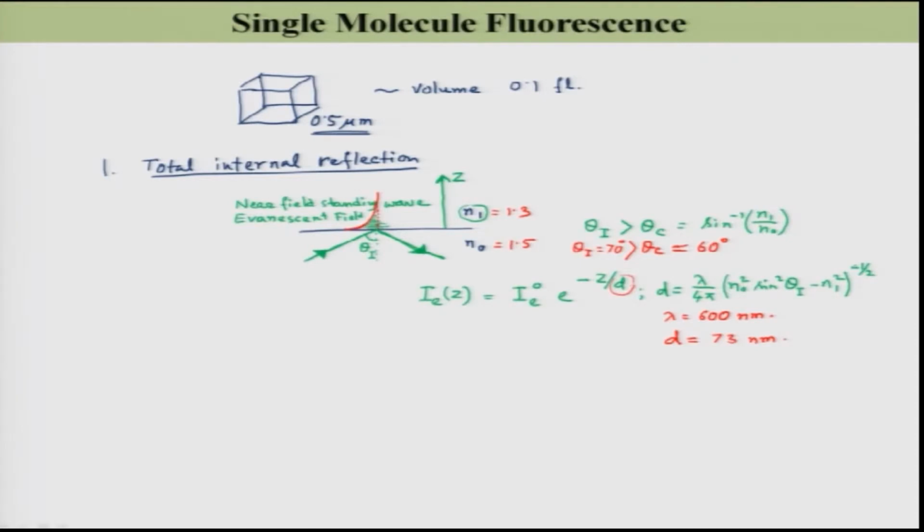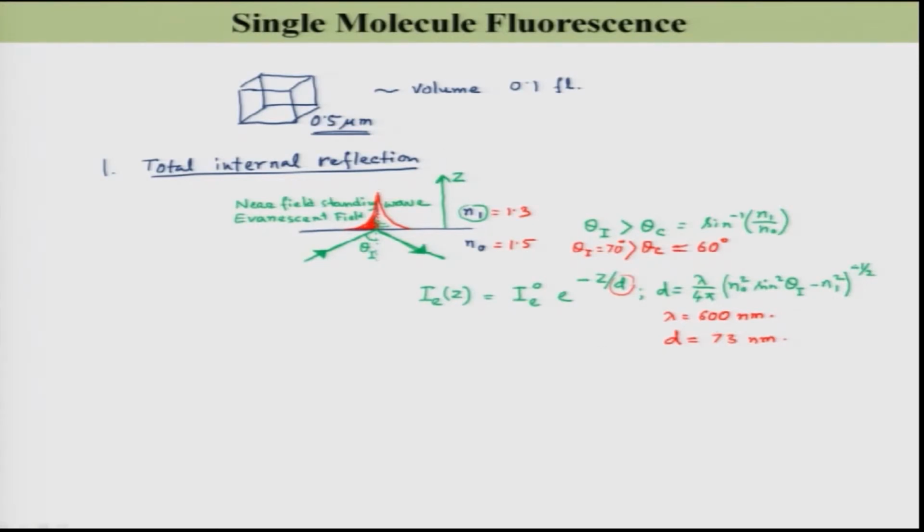See, this is my exponential function, right? And do not forget that this is symmetric, like this way. So, the evanescent field strength is very high and then it is going to be 0 as Z increases.